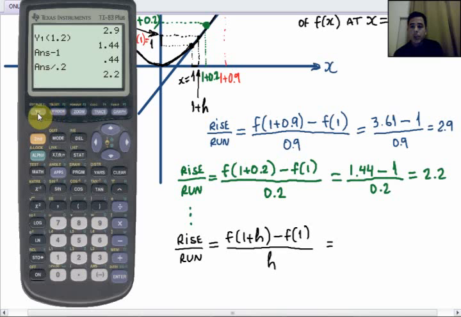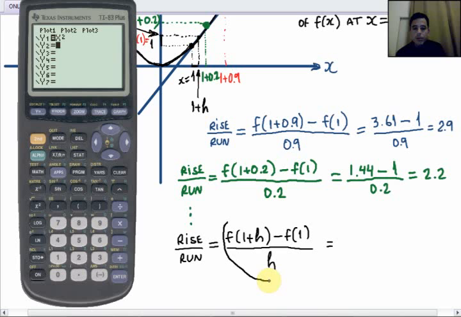So what we can do here, go to your calculator, put the function on function number 1, and then use the second function here, the y2. So here's the trick. Use that one to input this formula here for you.